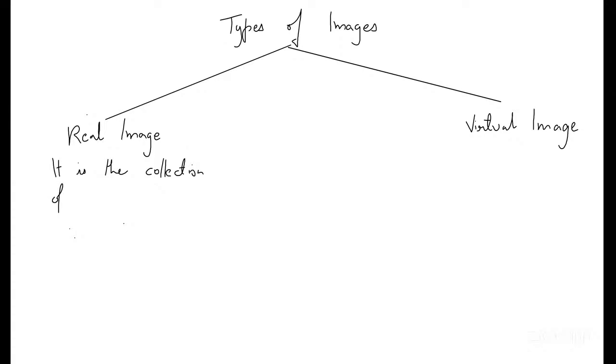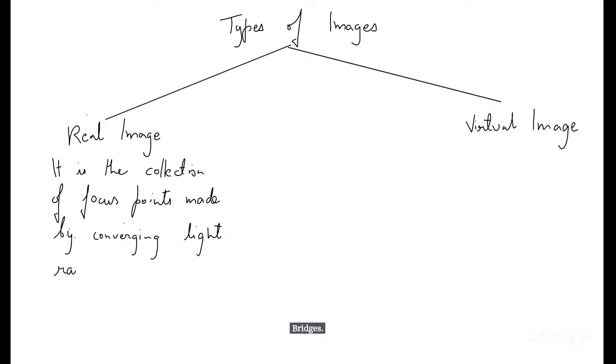And a virtual image is a collection of focus points made by backward extension of diverging rays.